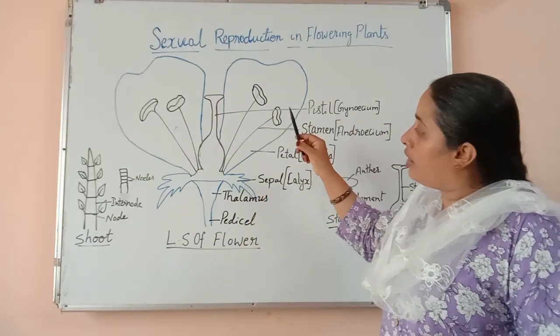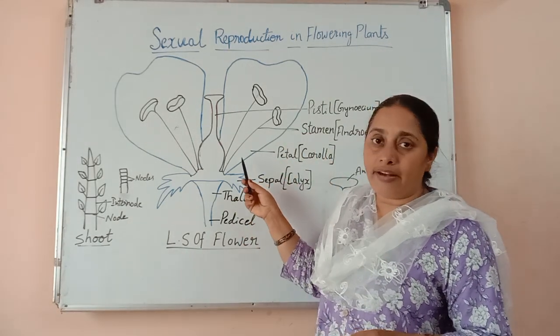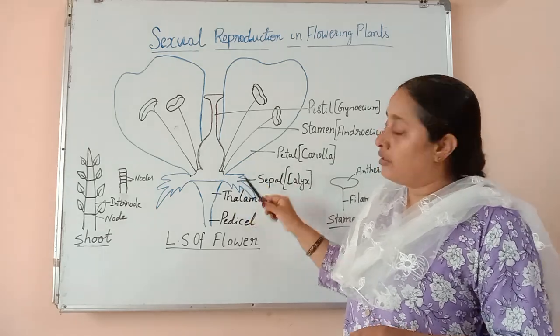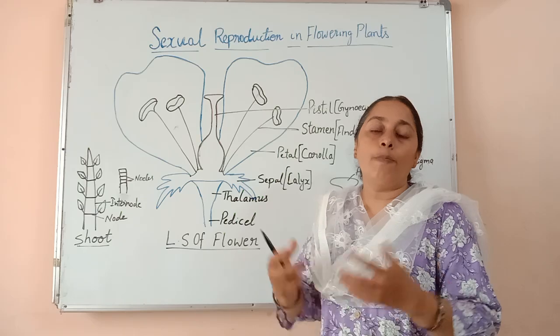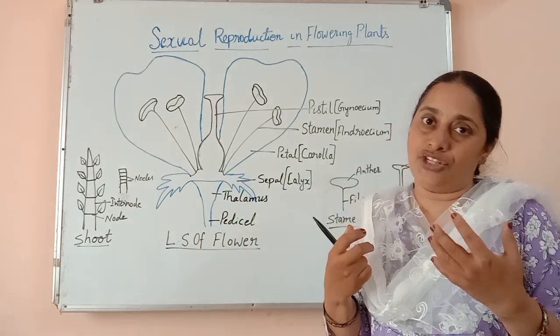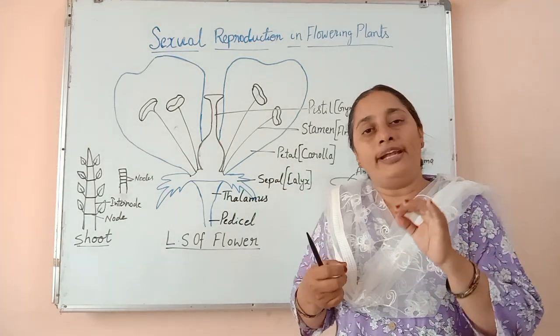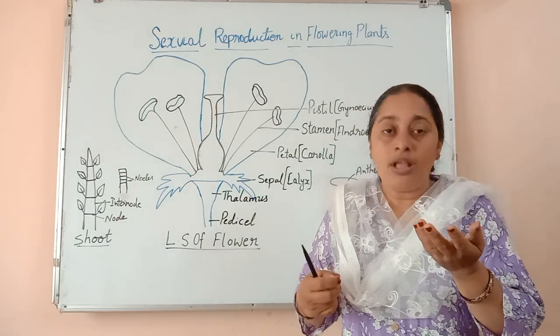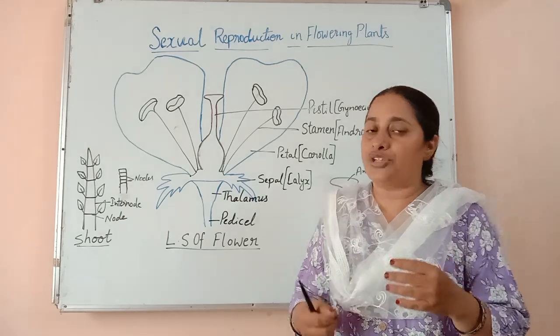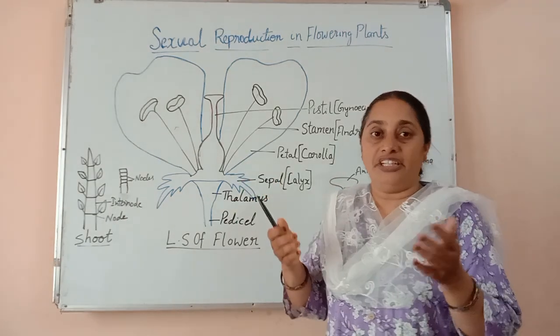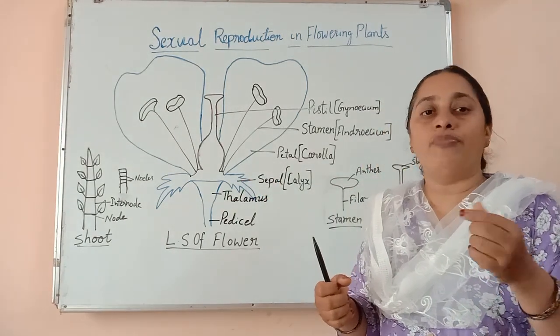Now, because of the beauty, shape, fragrance and bright color, the calyx and corolla attract the pollinators or pollinating agents. Once the pollinator does pollination, then obviously fertilization will take place, and after fertilization the ovary will get converted into fruit and ovules become the seed.